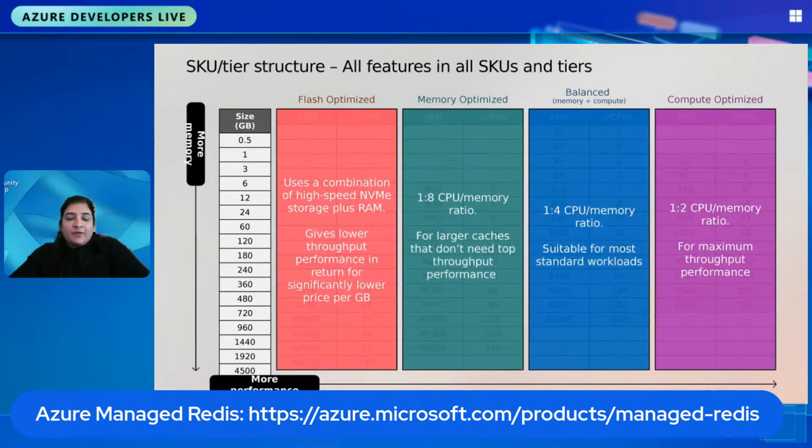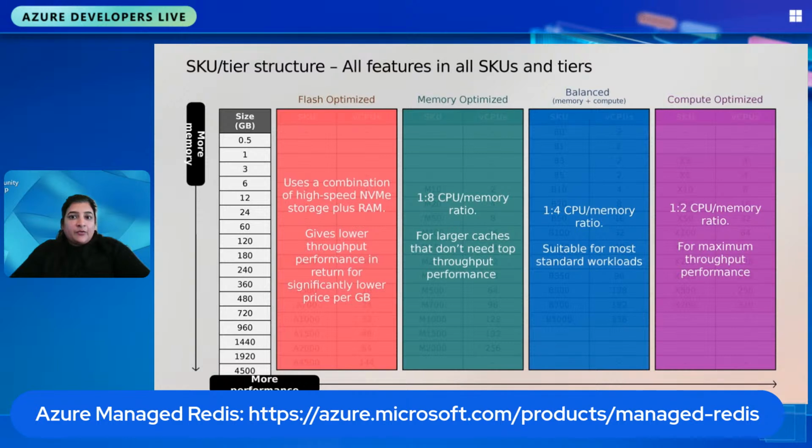The flash optimized one is where you get a combination of NVMe storage plus RAM. That's a great option when you're okay with a slightly lower throughput, but you get a great price per GB. So that's the cheapest option when you need a lot of memory. There's a memory optimized option, which is great for workloads that don't need the topmost throughput. And then the balanced one is great for most standard workloads.